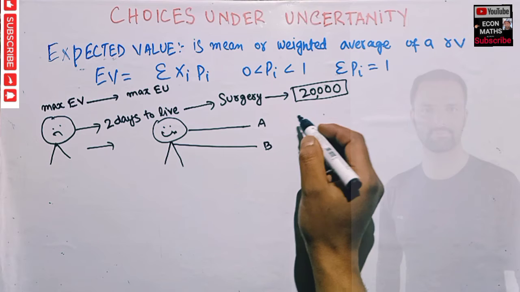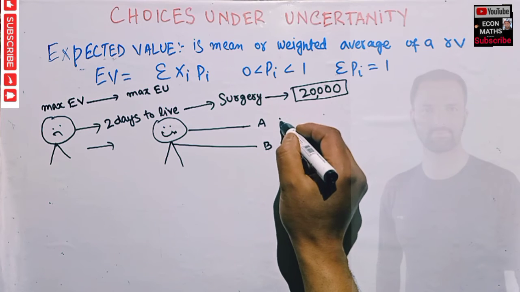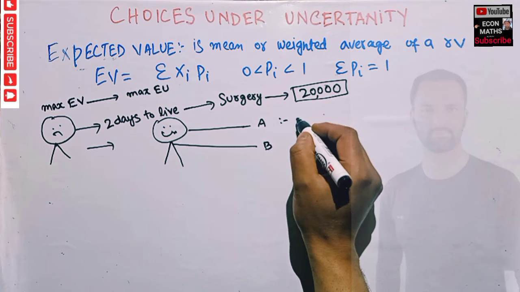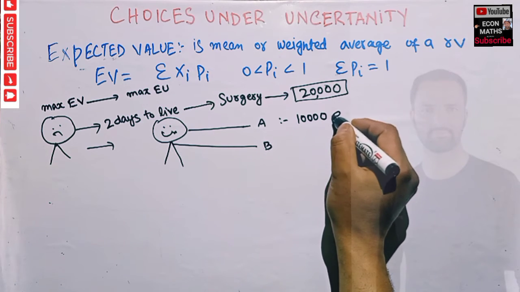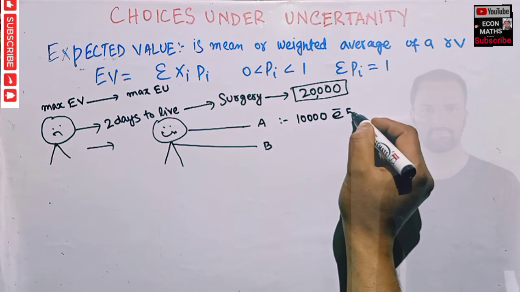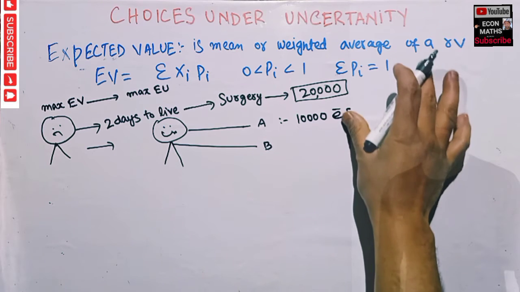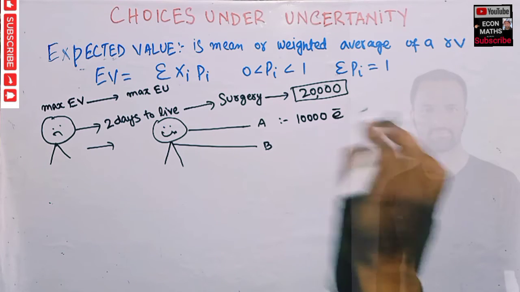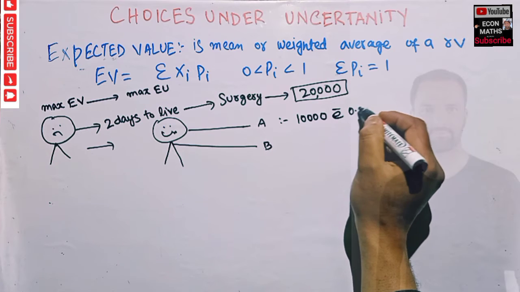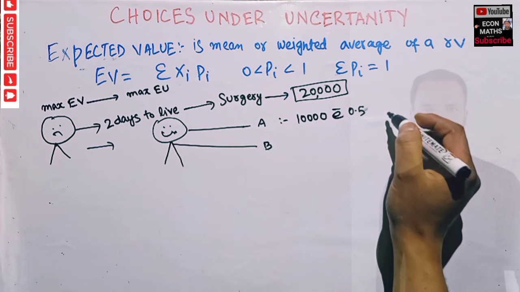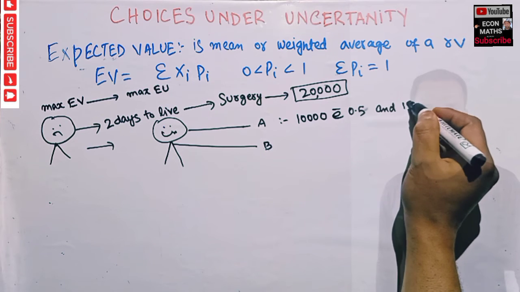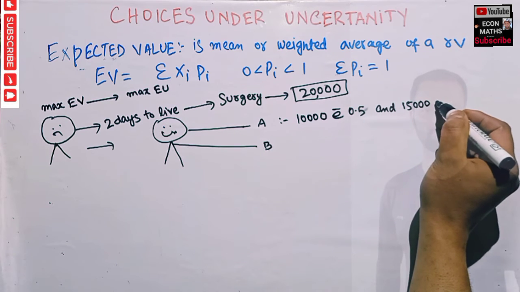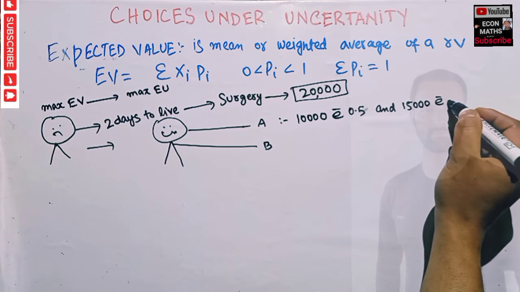In gamble A, he receives $10,000 with 50% chance, that means 0.5, and he receives $15,000 with probability 0.5.